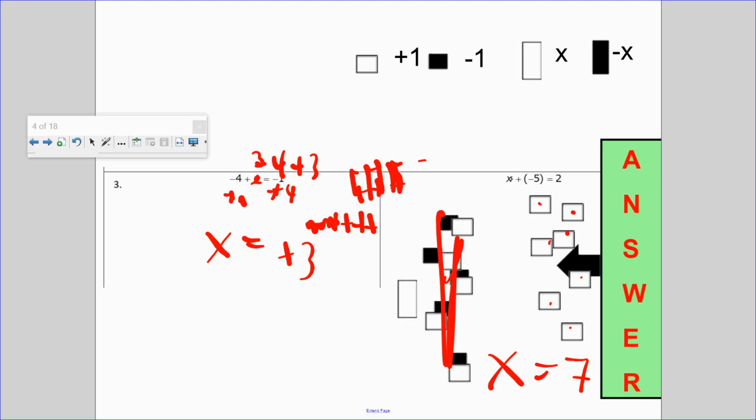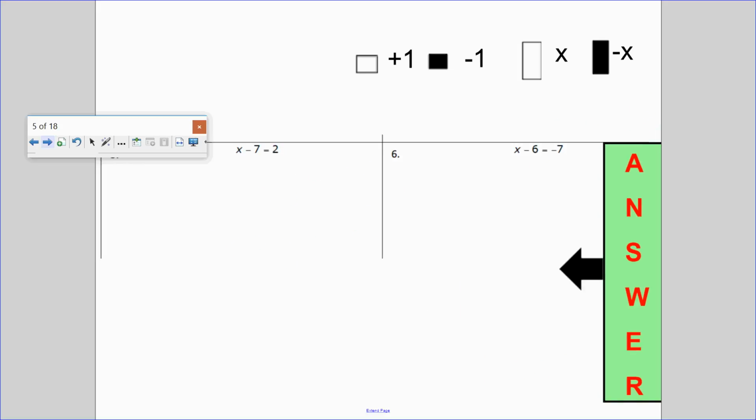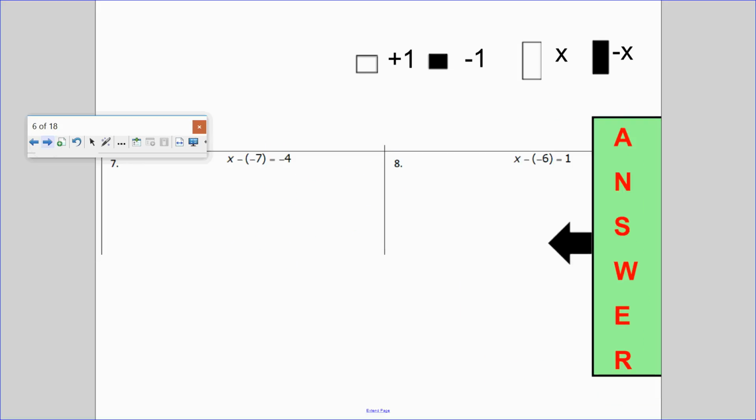To check my work, I substitute x with 7, 7 positives with 5 negatives gives us positive 2. Okay. So you are going to be doing several examples on your own.